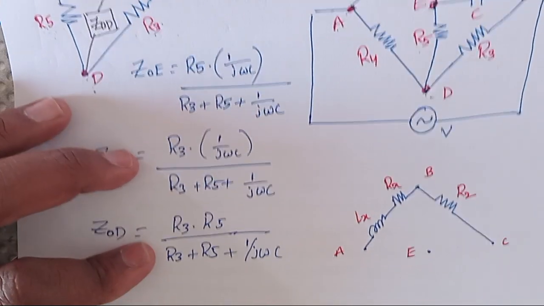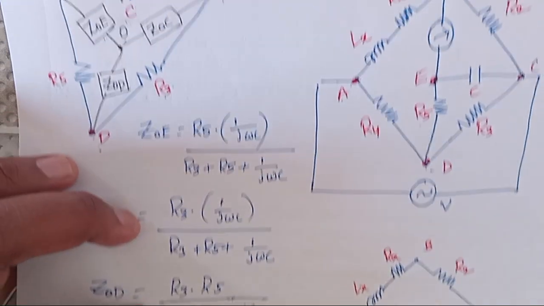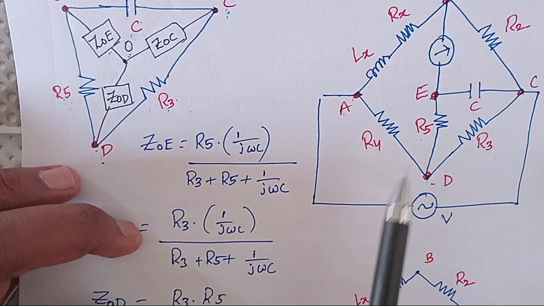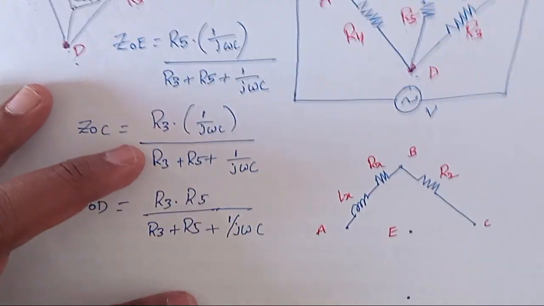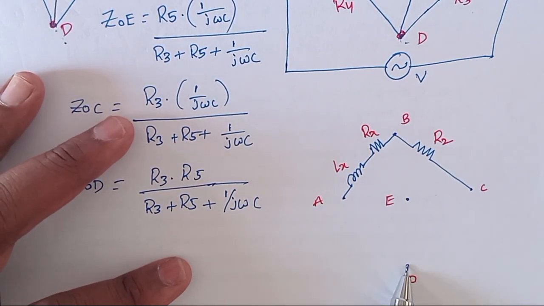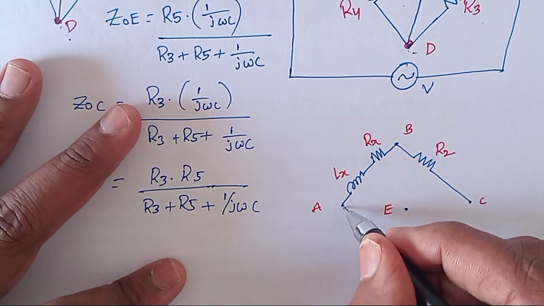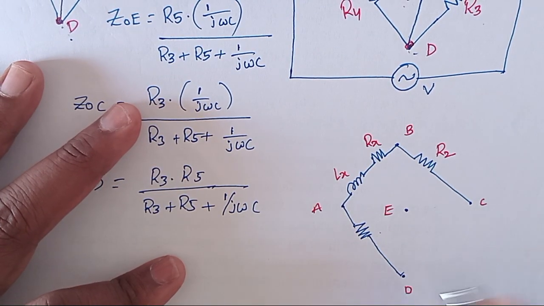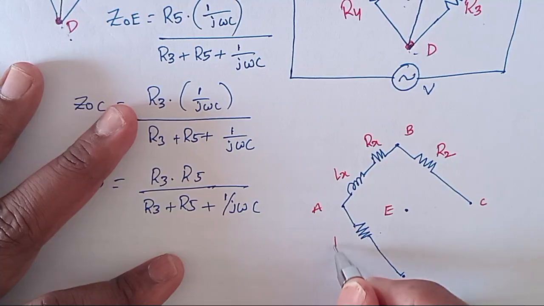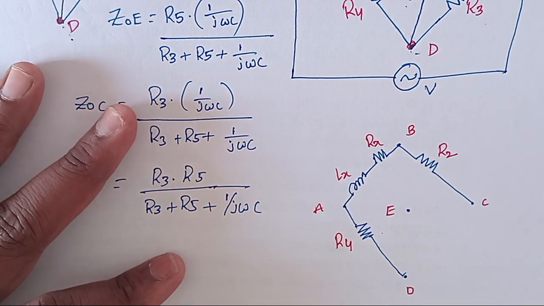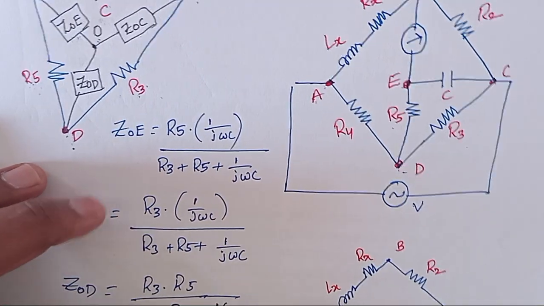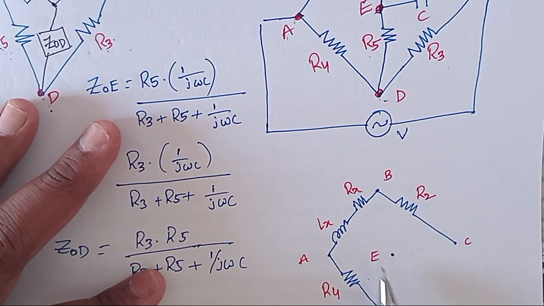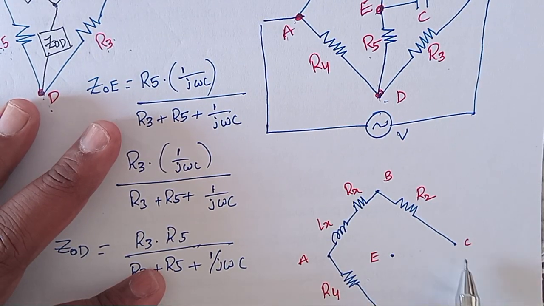At the same time, between A and D there is no modification, so keep the component as usual, and its name is R4. Now, this network is changed.